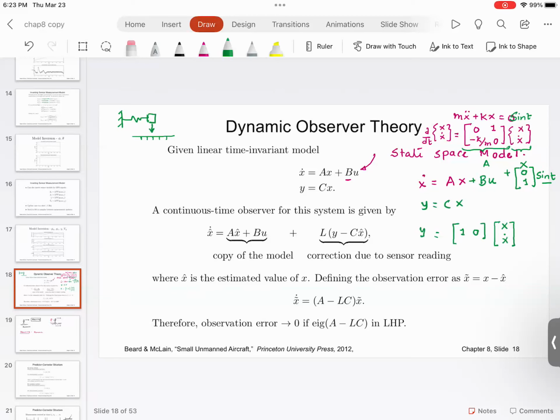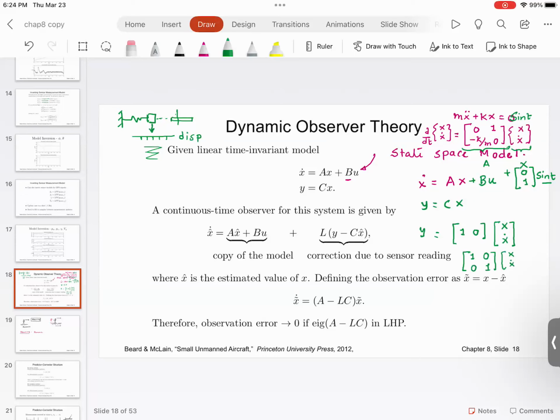Now, if I'm measuring x and x dot at the same time, so I'm measuring displacement, and imagine that I have a speed gun, and this speed gun is measuring the velocity. Then this matrix, instead of just one row, becomes [[1, 0], [0, 1]].